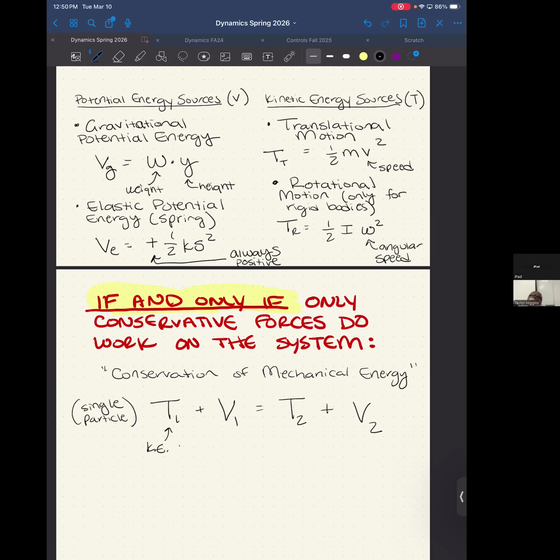Kinetic energy at point 1, potential energy at point 1, kinetic energy at point 2, potential energy at point 2.